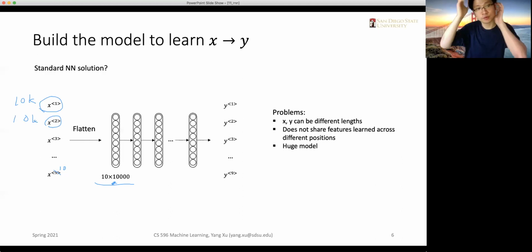We want to take the inputs at different time steps and concatenate them, so the total input would be very long. And it's not flexible, because maybe for one sentence we have 10 words, and then the next sentence has 12 words. Then we have to change the model. So the model is not flexible at all.